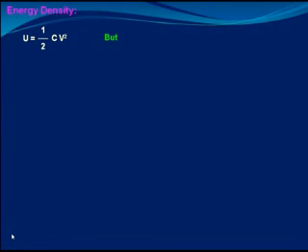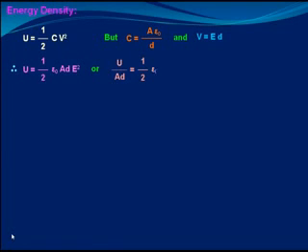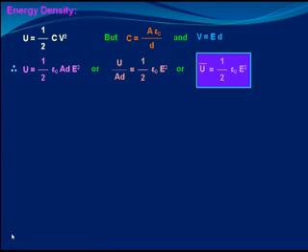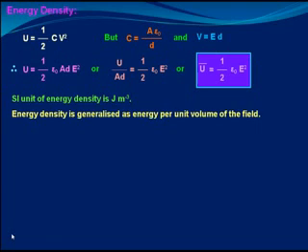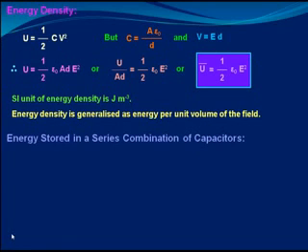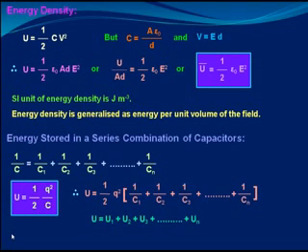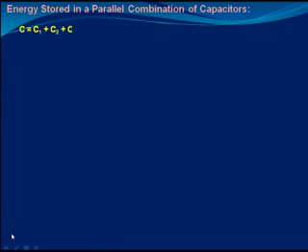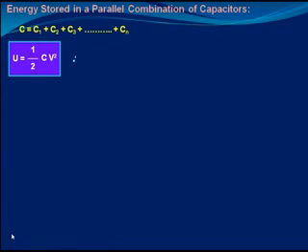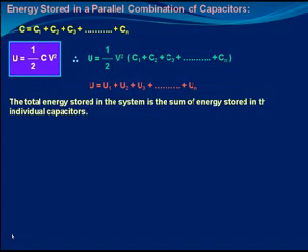Energy density I have also told you, half epsilon naught E square, energy per unit volume. Series combination I have discussed, so you can do it on your own. This is for the series combination. Parallel combination.